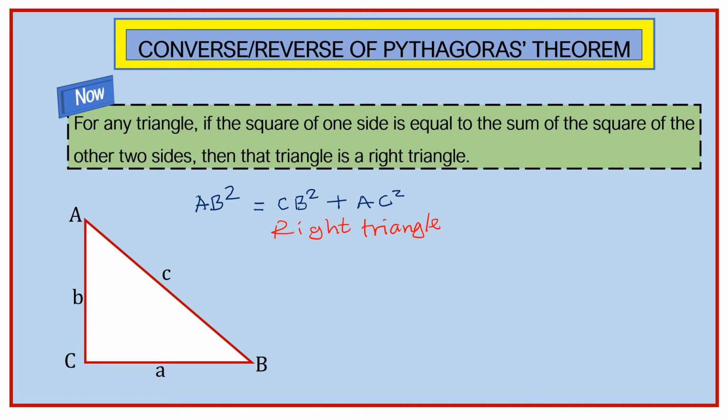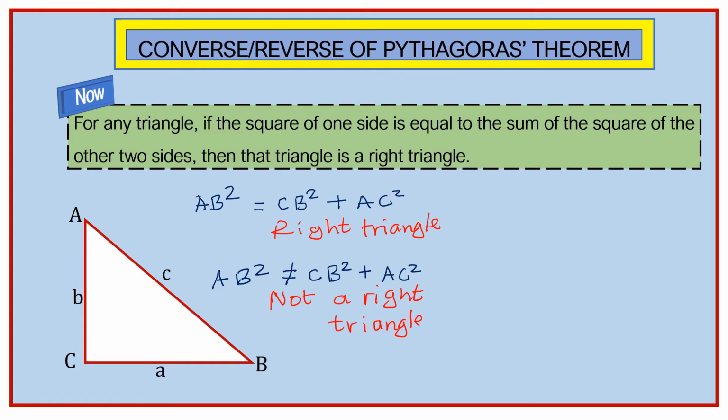But if we find that AB squared is not equal to CB squared plus AC squared, then we say that this is not a right triangle.